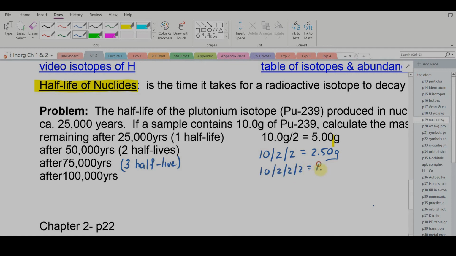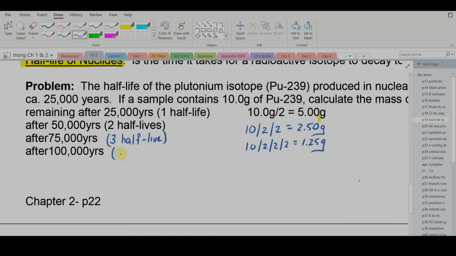Now you're down to 1.25 grams of plutonium remaining after 75,000 years. If you can wait 100,000 years, that would be 4 half-lives. That would be 10 divided by 2 four times, which is 0.63 grams, which is one of the problems with nuclear power. It's clean, but what do you do with the waste? You can't outlive it, can we?